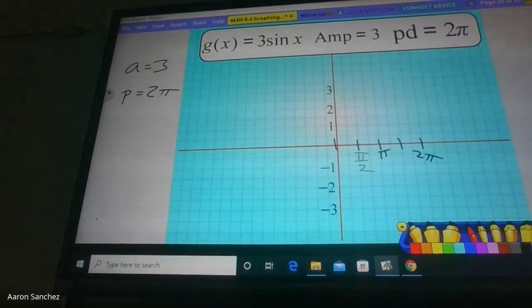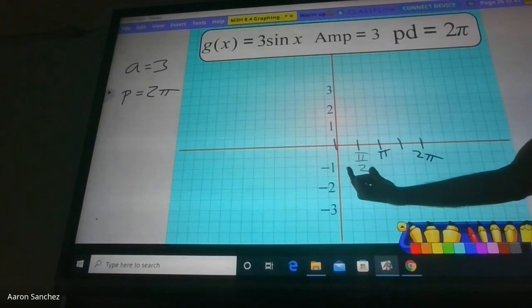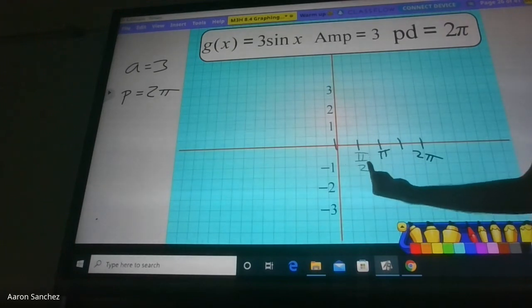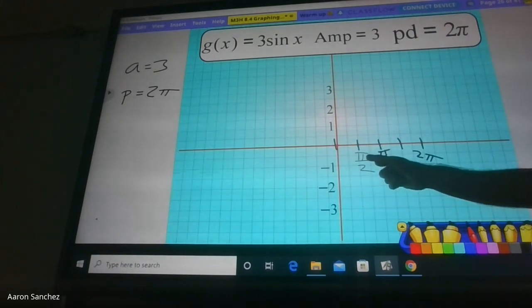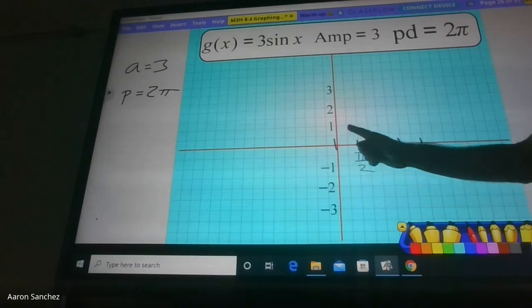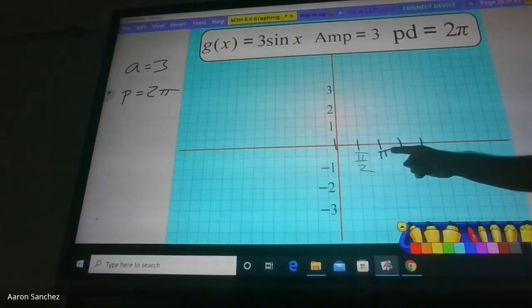Okay. You guys get how now what about this? So each one of these increments, since this is my smallest, they increase by pi over 2. So what do you mean by that, Sensei? Well, this would be 1 pi over 2. This will be 2 pi over 2.